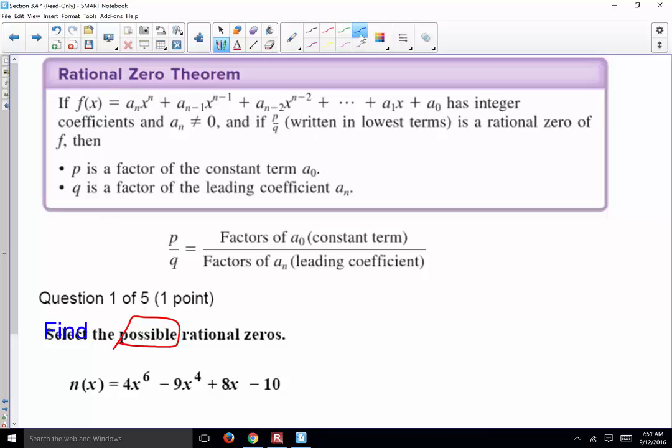So what is this theorem telling us? It tells us that if you want to compile a list of possible candidates for rational zeros, all you need to do is divide two numbers. What two numbers?